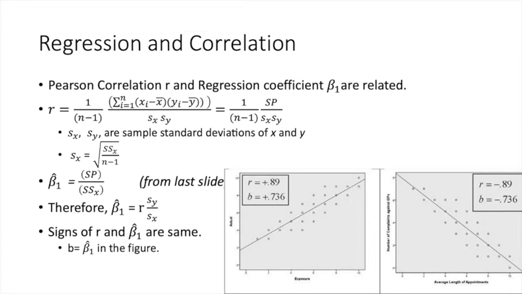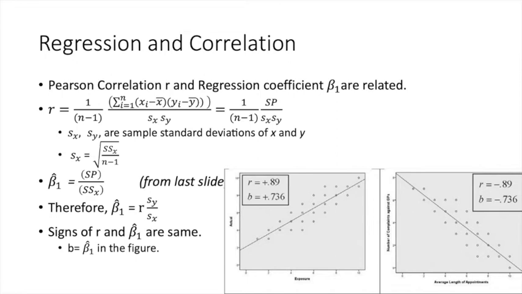So when R is positive, the relationship is an increasing one, and therefore the slope of the line is positive. Likewise, when R is negative, as is the case in the plot on the right side, it's a decreasing relationship, and so the slope is also negative.